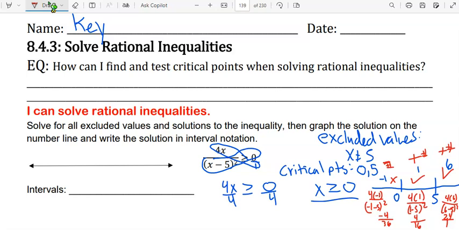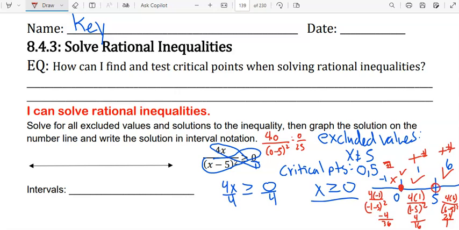So it works anywhere that's greater than 0 except 5, because 5 is an excluded value. Now if we test 0, 0 times 4 over (0 minus 5) squared, that's 0 over 25, that's still 0. It has a line under it, so that also works.